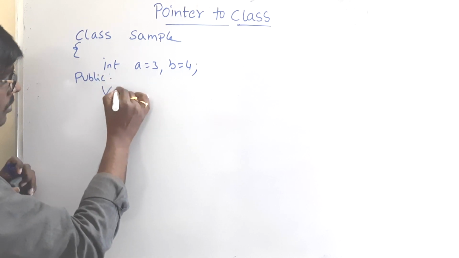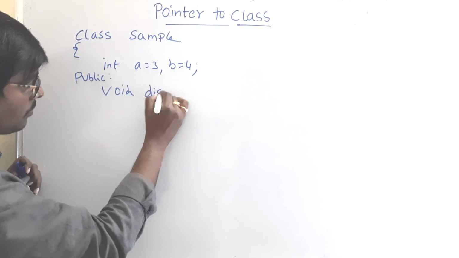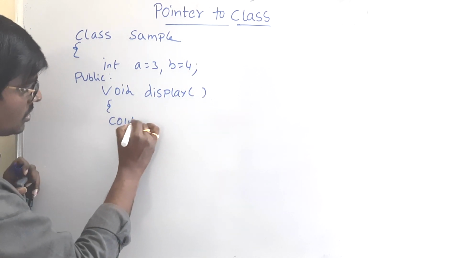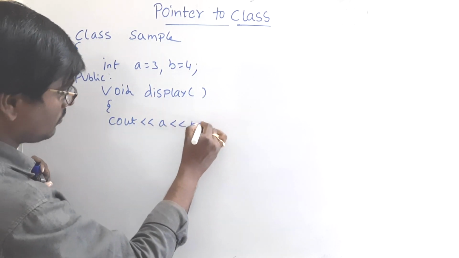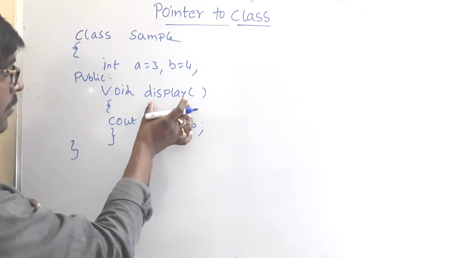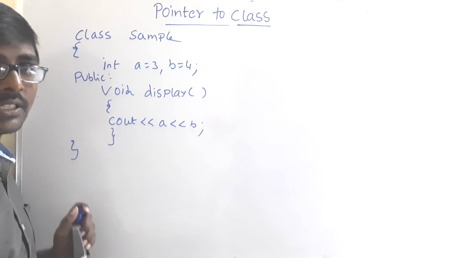Then a public void display function with cout of a and b. I am just declaring two data members and one member function.